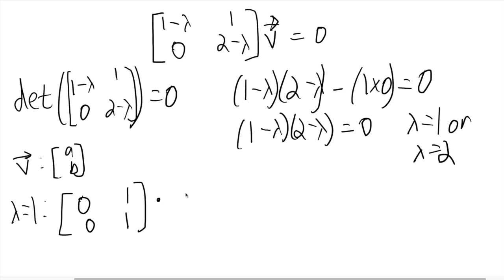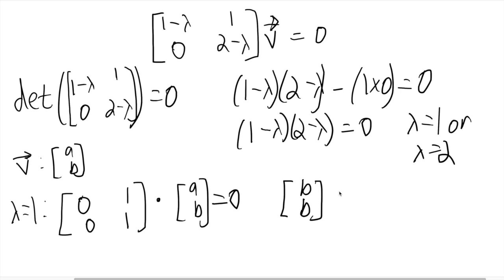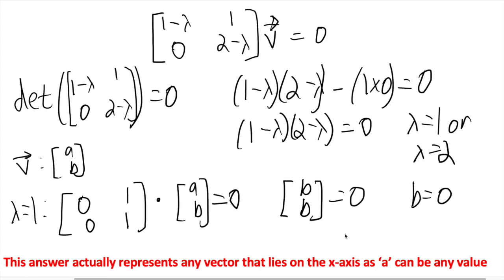So multiplied by (a, b) is equal to 0. If we carry out the matrix multiplication on the left-hand side, we will end up with b is equal to 0, because remember, the 0 is the zero matrix or vector.